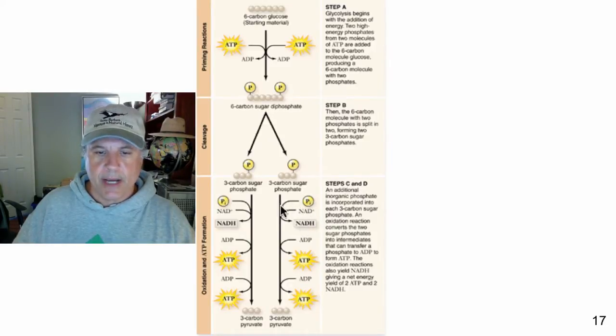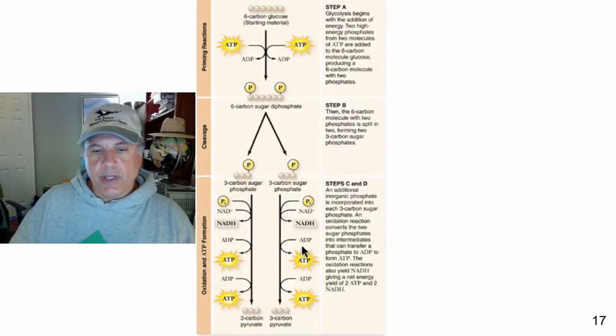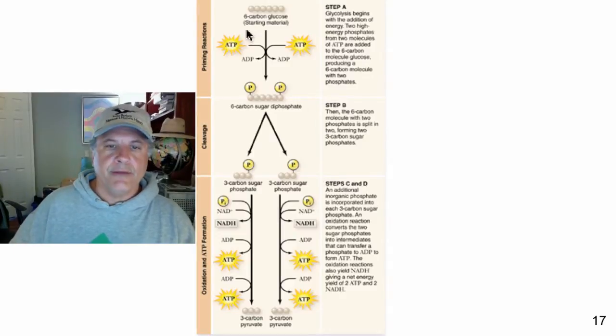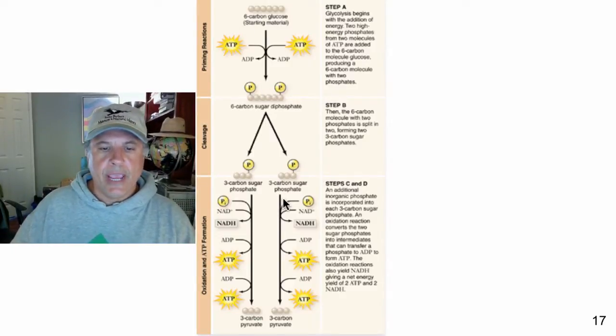We oxidize compounds here, and in the process, we also yield ATP. We yield 4 ATPs where we only invest 2 at the beginning. So we have a net yield of glycolysis of 2 ATPs. So: energy investment, cleavage, and then energy yield, producing NADH and ATP.